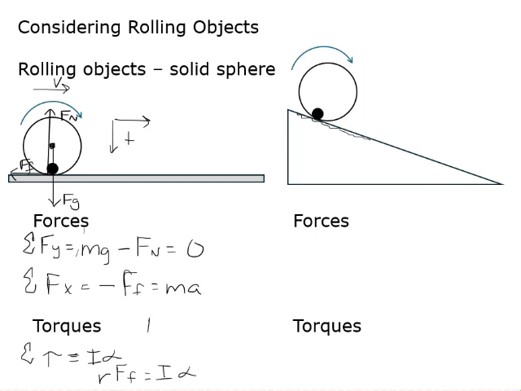Then because we know that this is a solid sphere, the moment of inertia is 2/5 mr squared. And we also know that because this object is connected to linear motion, or translational motion, the acceleration is equal to the radius times the angular acceleration. So we can use these two things and plug them in their appropriate formats to make a connection point between the forces and the torques.